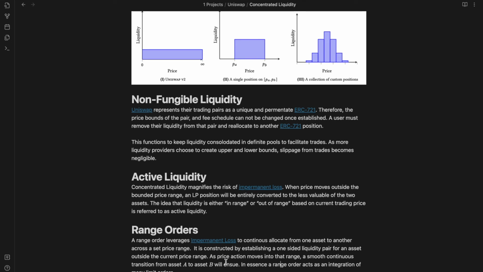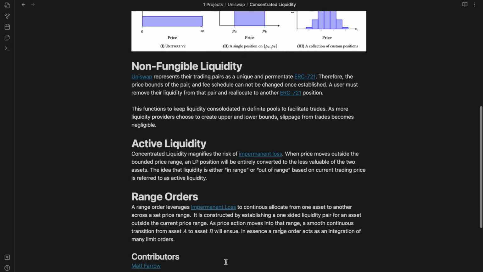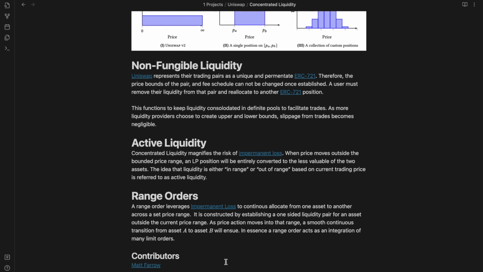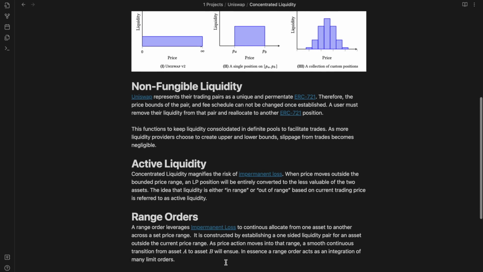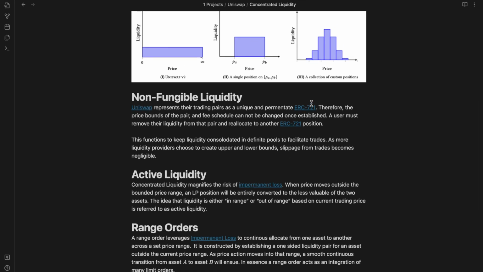So we can leverage this notion of impermanent loss to create this third property called range orders. A range order leverages active liquidity to create a continuous allocation from one asset to another across that bounded interval that we were just talking about. That's the bounded price.